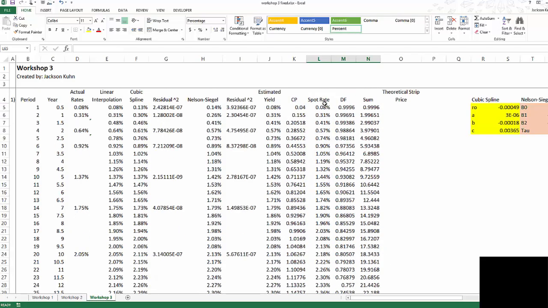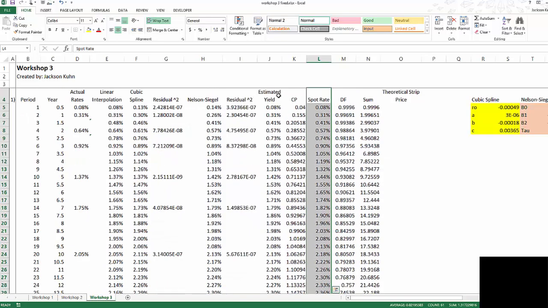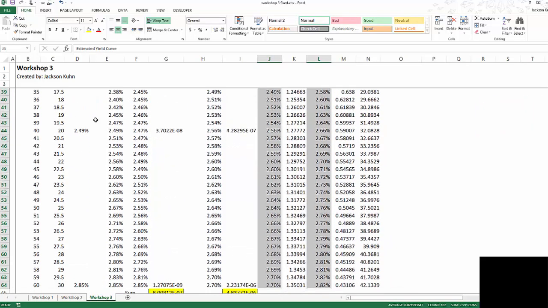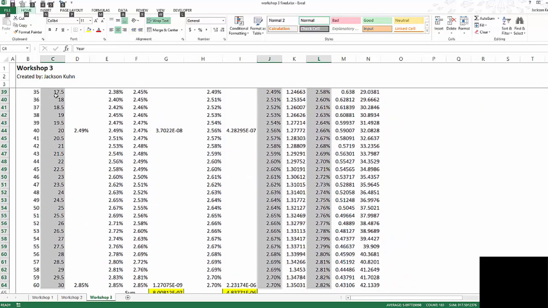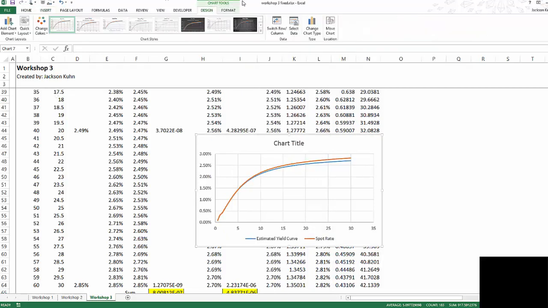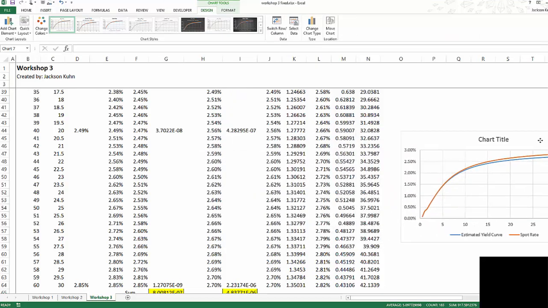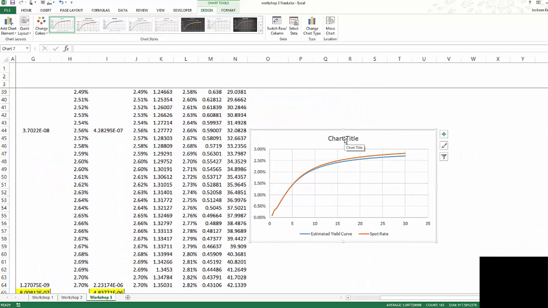So now we can find our spot rate curve, or we'll graph our spot rate curve and our estimated yield curve against our maturity. I'll click Alt-N-D to get to our scatter. And we're going to do scatter with smooth lines. And we'll see that our spot rate is just a little bit above our estimated yield curve.